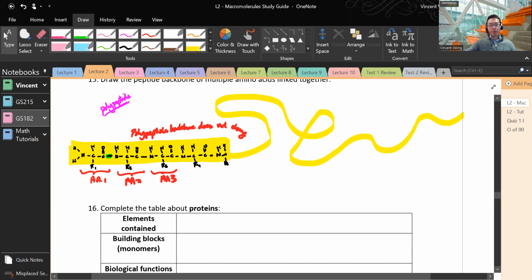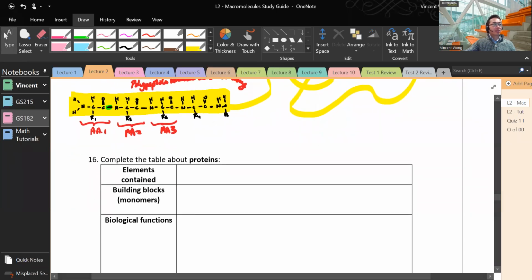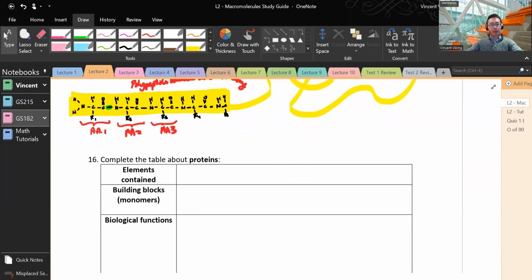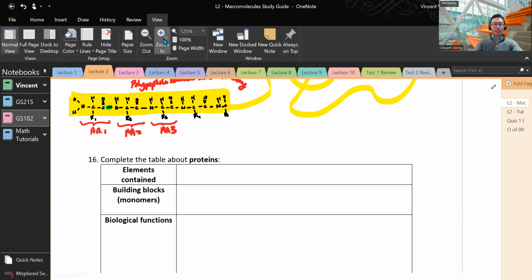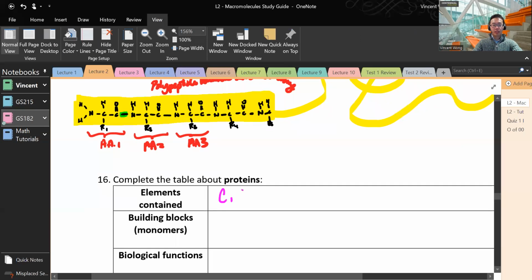Okay, complete the table about proteins. Elements that are found in proteins. So we have our usual ones, the carbon, the hydrogen, the oxygen. There's also nitrogen that is found in the amino group. And there is going to be trace of sulfur.